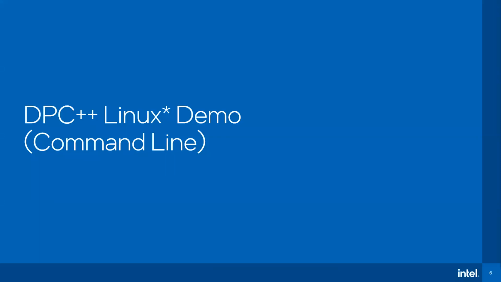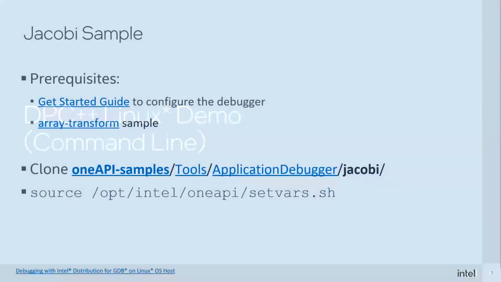And we are going to switch to the first demo. For those who planned to play with this demo offline after this presentation, I would recommend to start with the Get Started Guide to configure the debugger. And please note that you need to install the debug companion driver.